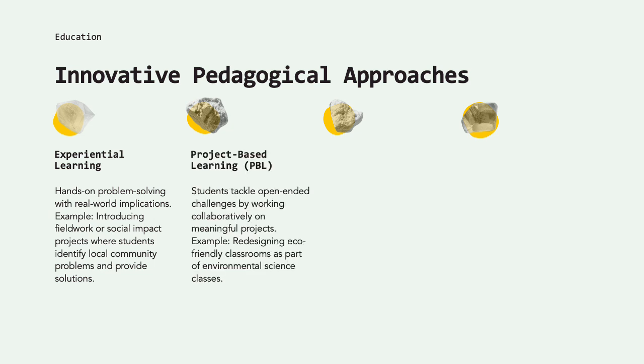Project-based learning. Students get to tackle open-ended challenges by working collaboratively on meaningful projects. An example for this would be redesigning eco-friendly classrooms as part of an environmental science class.